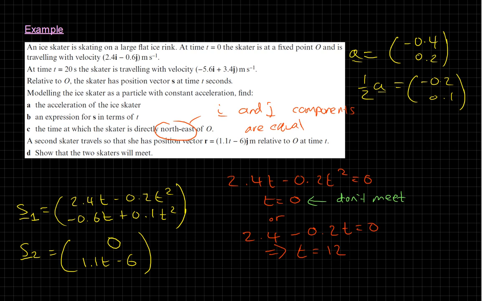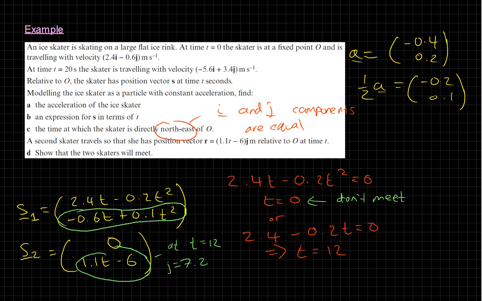So let's check. Let's do this one first. At t equals 12, what do we get? 1.1 times 12 minus 6. I get 7.2. Let's say j equals 7.2. And then for this one, at t equals 12, what's the j component?